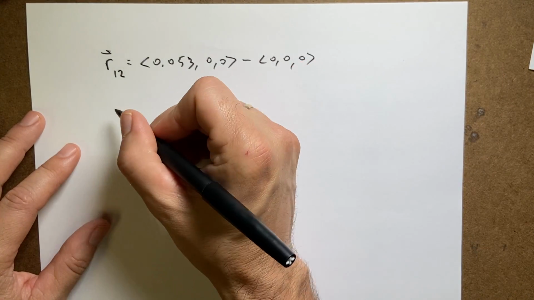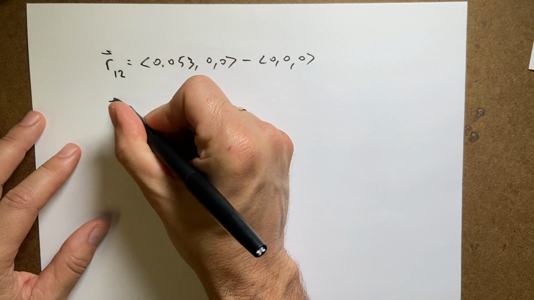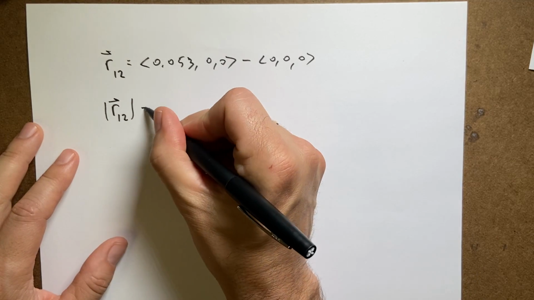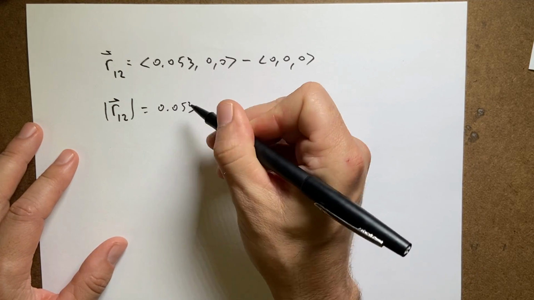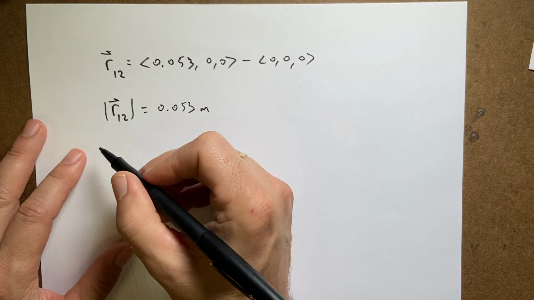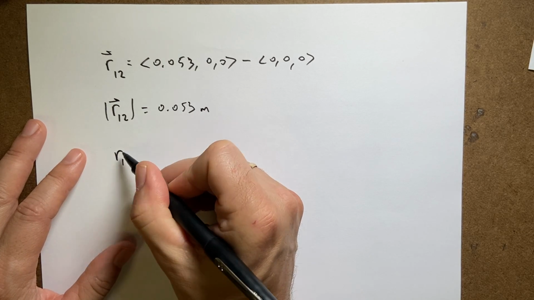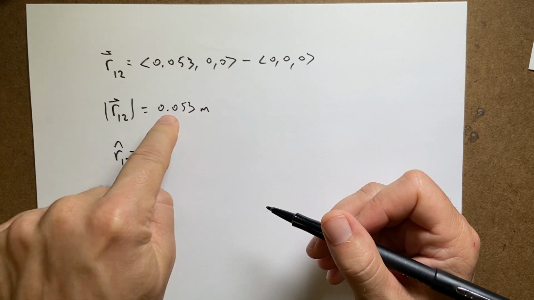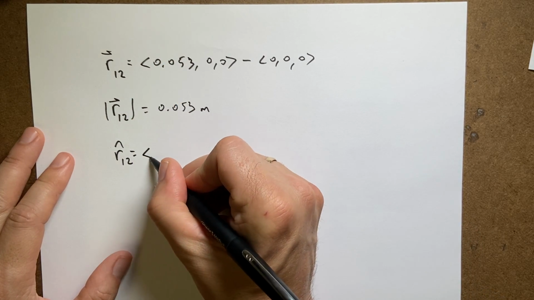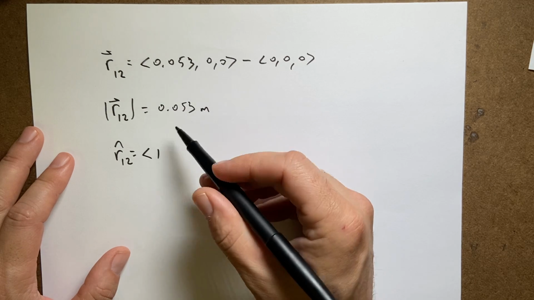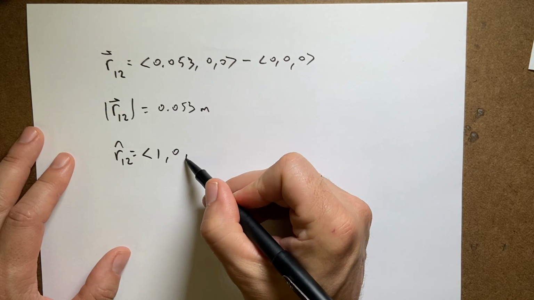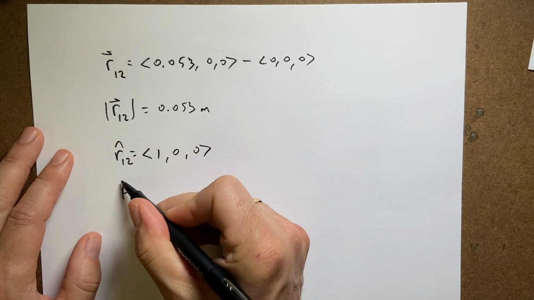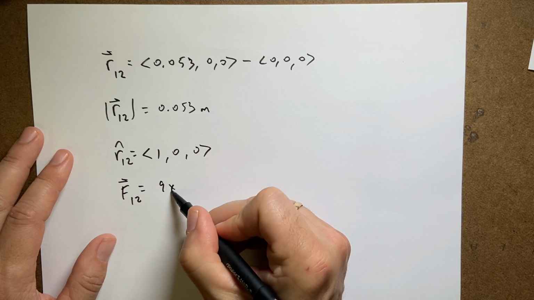Next thing I'm going to do is find the magnitude, and I can do this one. R12 magnitude. It's going to be this squared plus 0 square rooted, so you get 0.053 meters. Now I need to find R12 hat. It's just going to be this divided by that. So if I take 0.053 divided by 0.053, I get 1. If I take 0 divided by that, I get 0. If I take 0 divided by that, I get 0. So now I can say F12, let's put in all the numbers, 9 times 10 to the 9th.